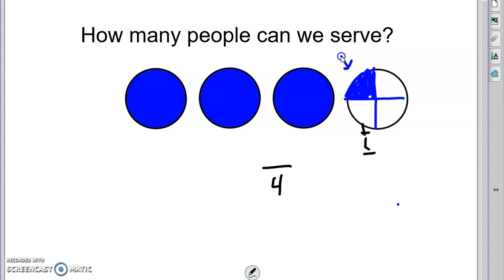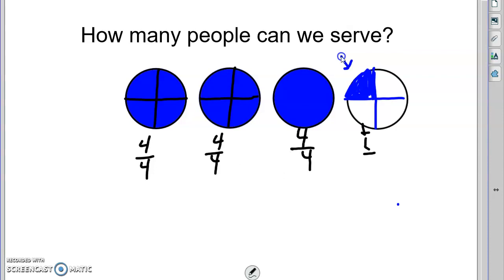All right, I'm going to give you a little hint if you couldn't figure that out. Take a look at this first pie. If I cut that pie into fourths, how many do I have? 4. I've got 4/4, right? Same thing with the next pie. I can get 4 slices out of that pie. Here, 4 slices out of that pie.